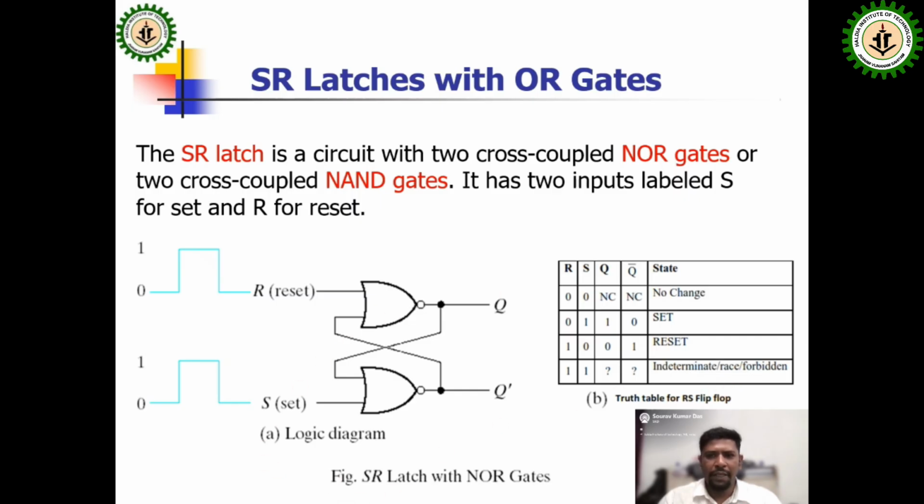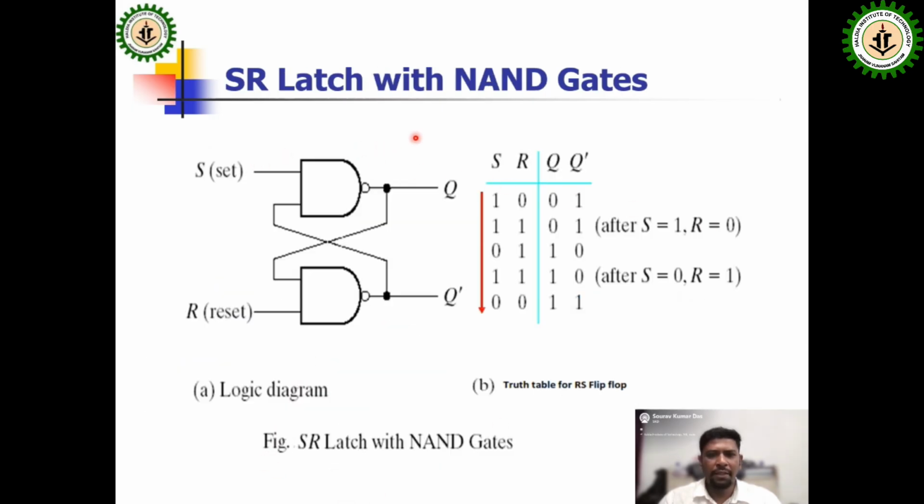Next, the SR latch with NAND gate base. Here there are two NAND gates. NAND gate number 1 has one input S and another input coming from Q bar. NAND gate number 2 has the first input R and another input coming from Q. Here also there is a truth table.